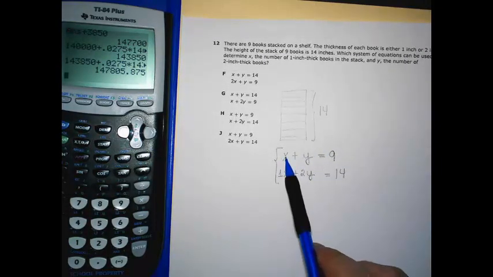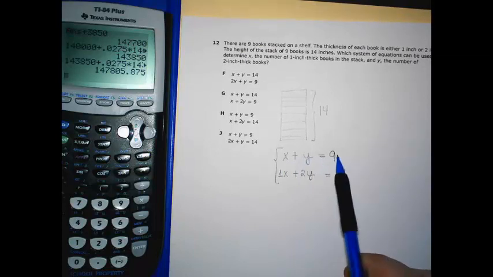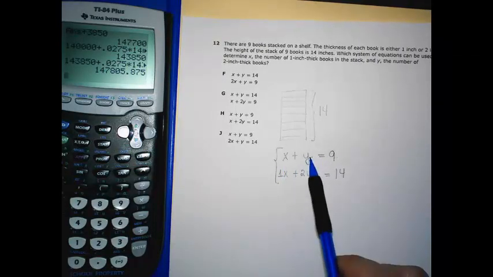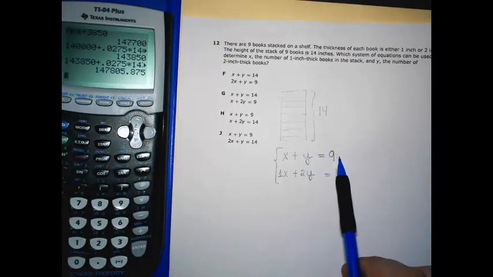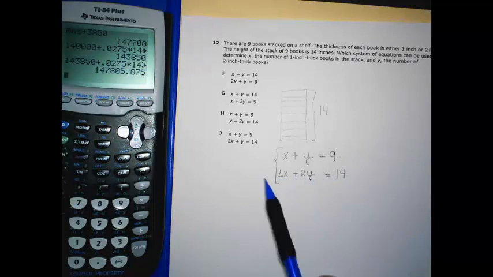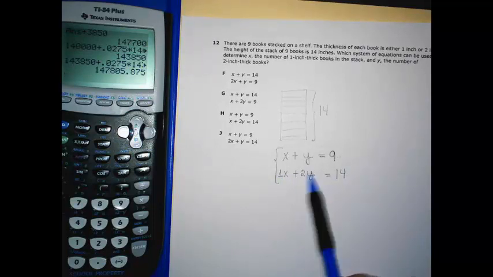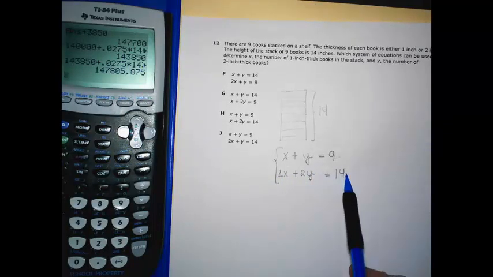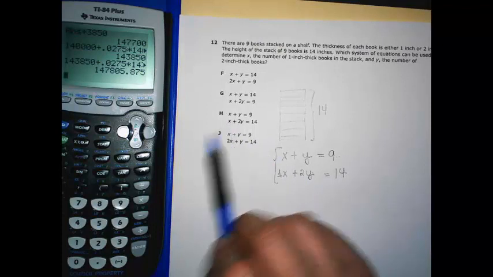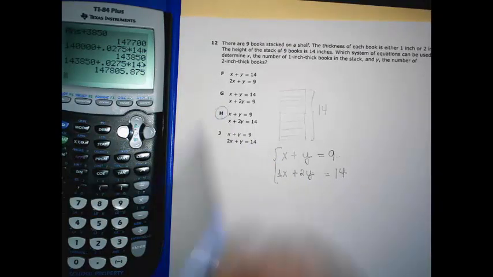The 1 inch books plus the 2 inch books equals 9 books, okay? So this type of books plus this type of books equals a total of 9 books. And this is talking about inches, so you need to put inches in front of each variable. 1 inch books plus 2 inch books equals 14 inches. And by having this in mind, then, we know that the answer is going to be letter H.